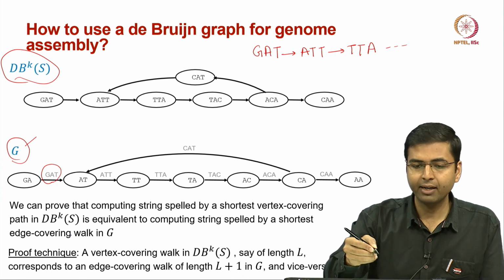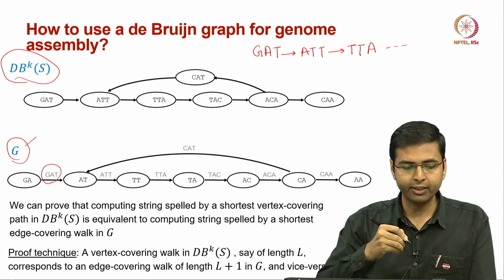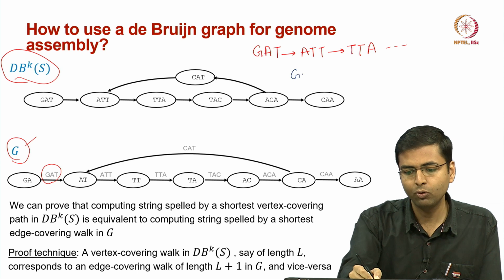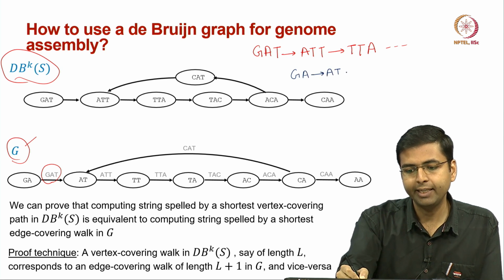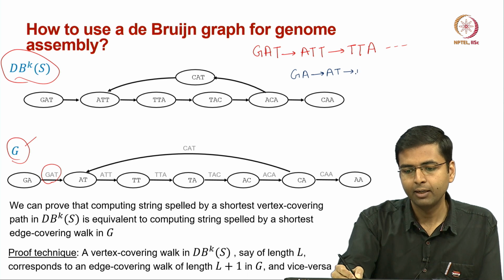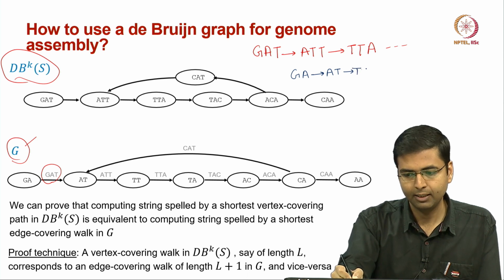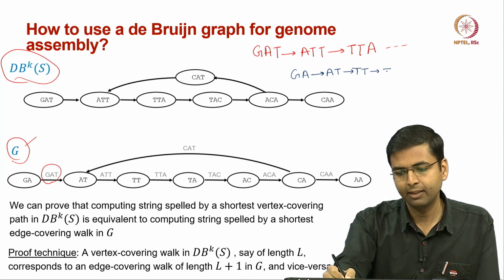So, the way I can build an equivalent edge covering walk in G would be to split this into two-mers, that is GA, AT, TT, TA and so on.